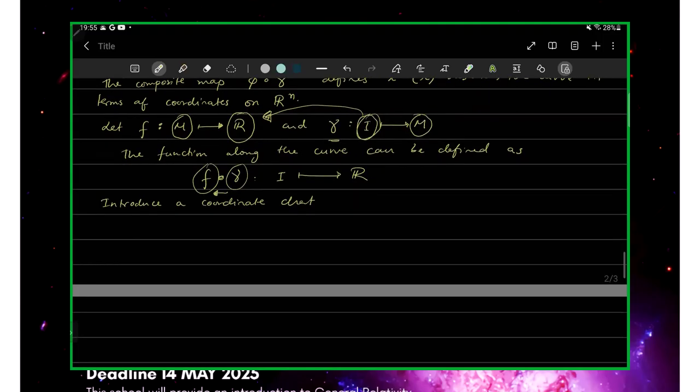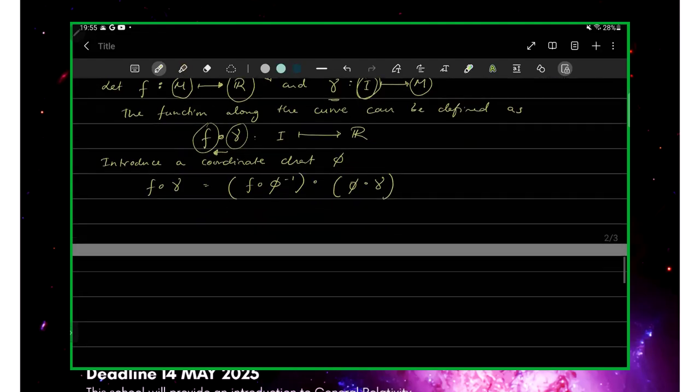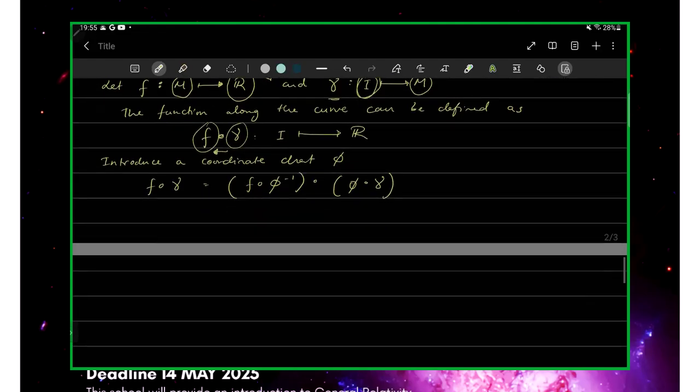Okay, introducing a coordinate chart, remember the chart is called phi. We can write this composite map as the following. You see why I can do this, because phi inverse phi composition should just take you nowhere.